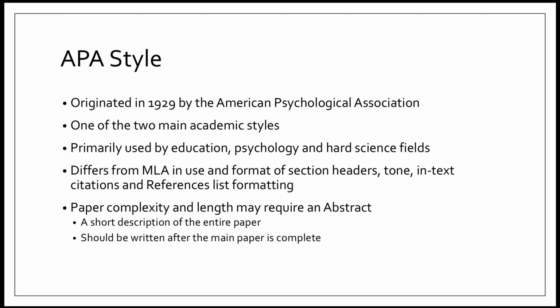The main differences between MLA and APA are that APA uses section headers to break up your paper. If you have a well organized paper, you can see section headings or subheadings that help to organize the writing for your reader.